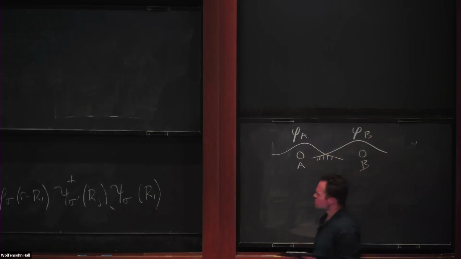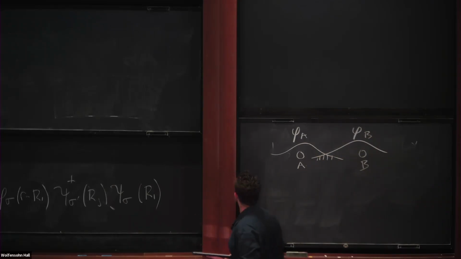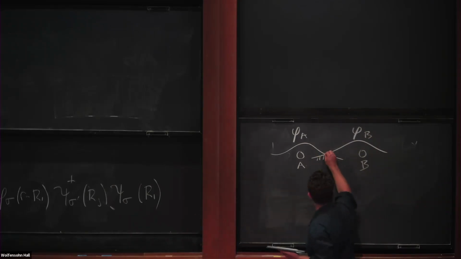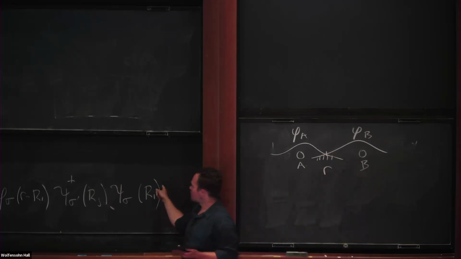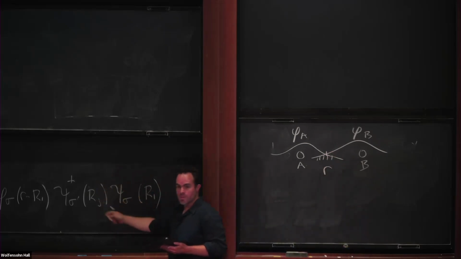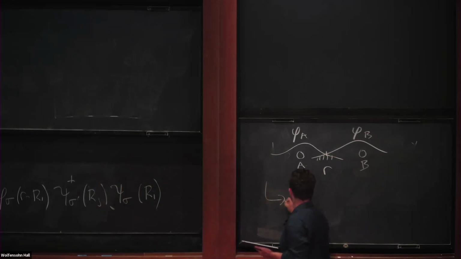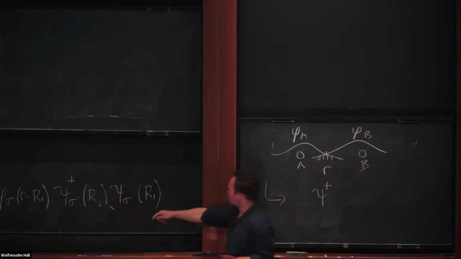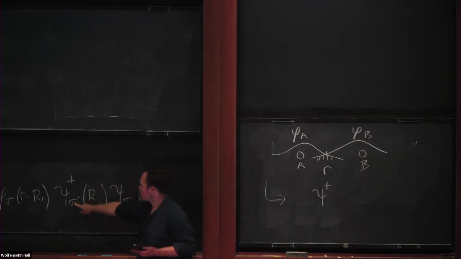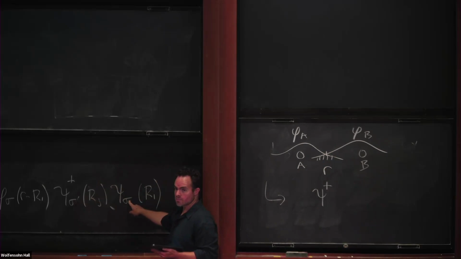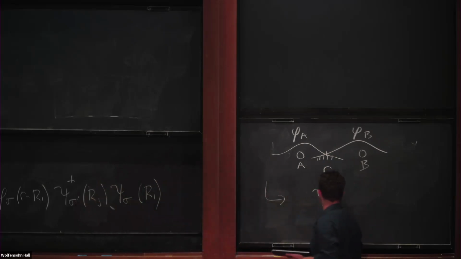And so what that means is when you go to calculate the expectation value, where I choose R to be here, then what it's going to do is extract from this exactly a term which is going to involve this being on the A lattice and this being on the B lattice. So some term that looks like A at R_i.